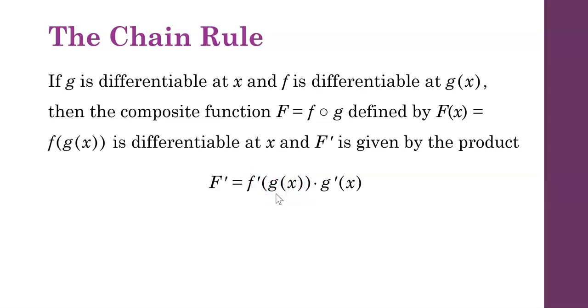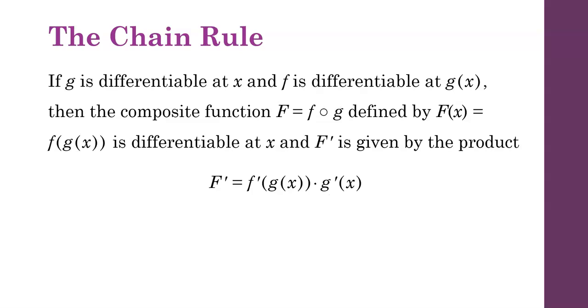So when we take the derivative of this composite function, f of g of x, we first take a derivative of the outside function, the f prime of, and the inside function remains the same initially. So f prime of g of x. We don't take a derivative of g at that point, but then we multiply the result by the derivative of g.